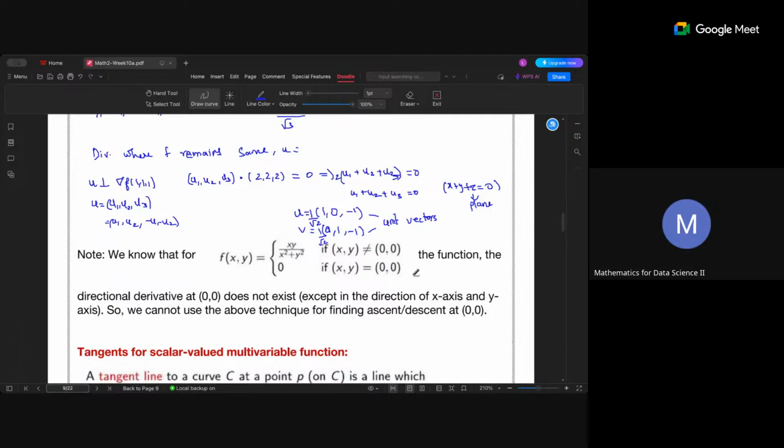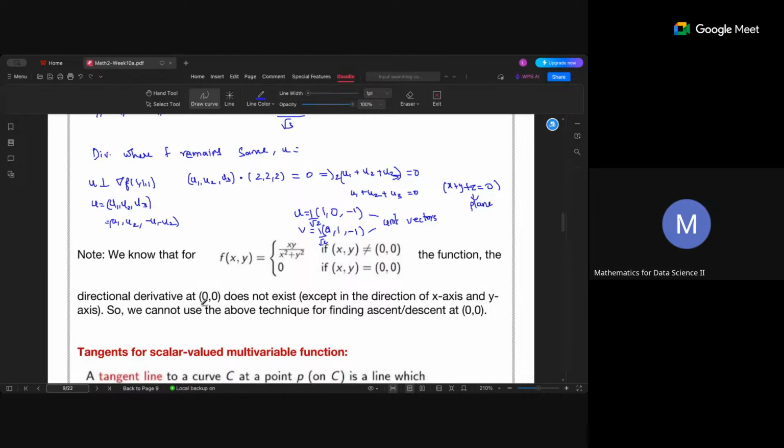It involves just some simple limiting concept only. They took y as mx and simplified to get two different limits. Here you are going to use the limit formula instead of the gradient formula, the one we initially saw for the directional derivative.